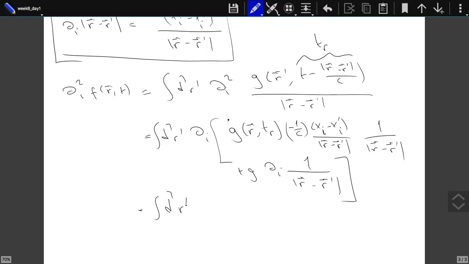Let us take the other derivative. This one. Well, we have the same thing. First, the derivative of that one just gives me g double dot at r prime, tr times minus 1 over c, xi minus xi prime over the magnitude of r minus r prime.